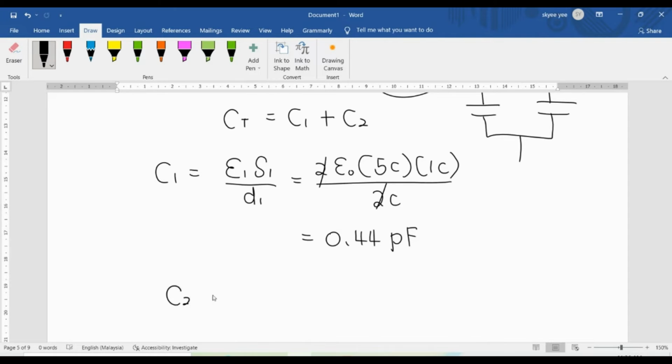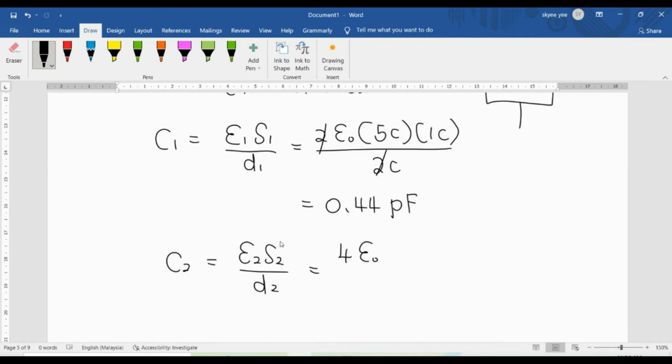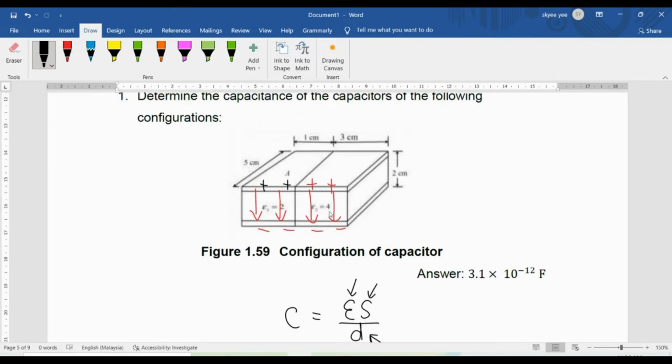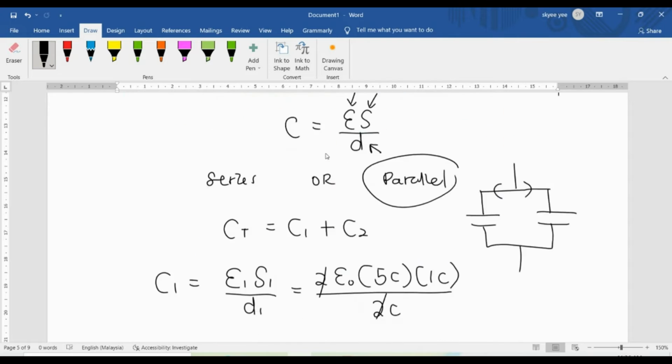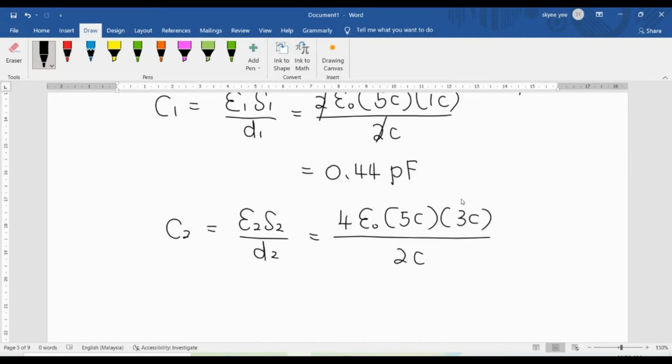For C2, you use epsilon 2, A2, and d2. Epsilon 2 is 4 epsilon naught, so it is 4. The area of material 2 over here is 5 multiplied by 3, the area of this part only, so 5 centimeter by 3 centimeter. Then the separation is still the same.